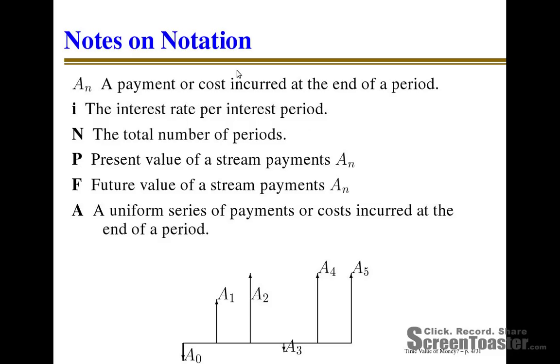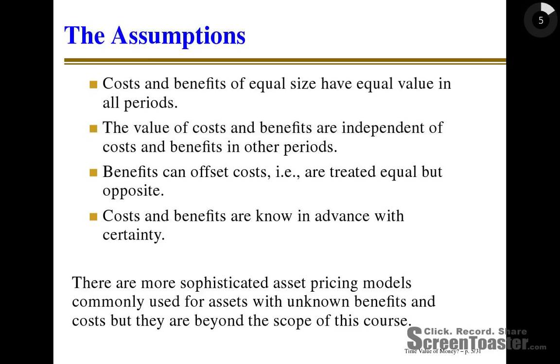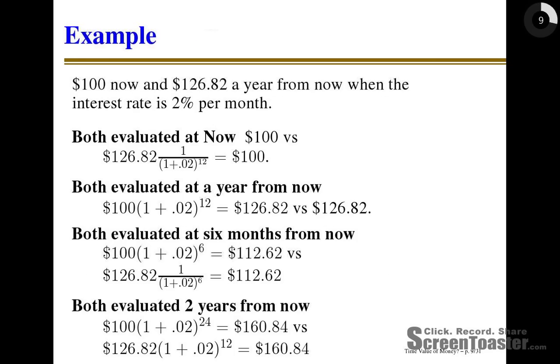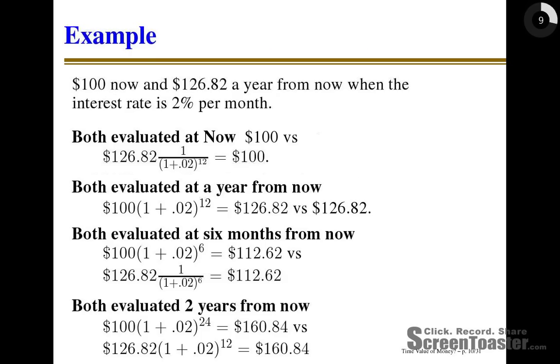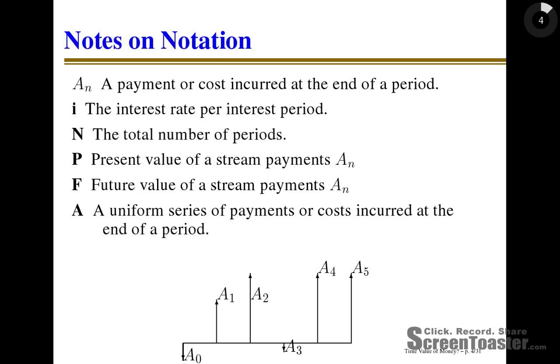Now there is quite a bit of notation associated with valuing time. I've already introduced you to the interest rate i. I've introduced you to P, which is usually the present value, or the value at time period 0.